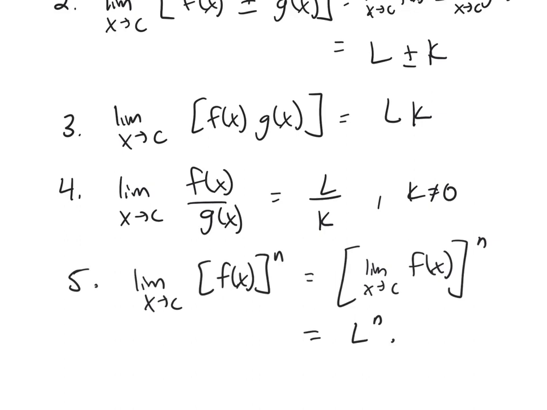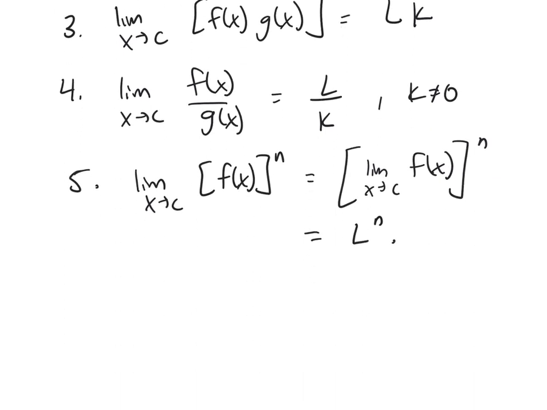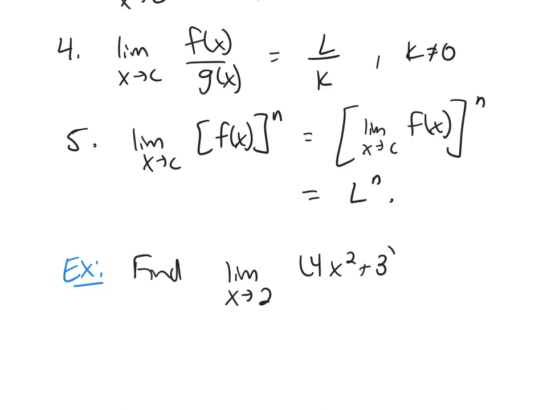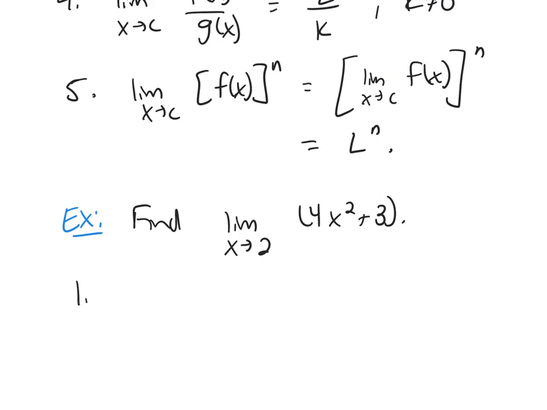And so what we can do with these properties is now build up to more complicated limits. So let's look at the limit of a polynomial now. Let's find the limit as x goes to 2 of the polynomial 4x squared plus 3.